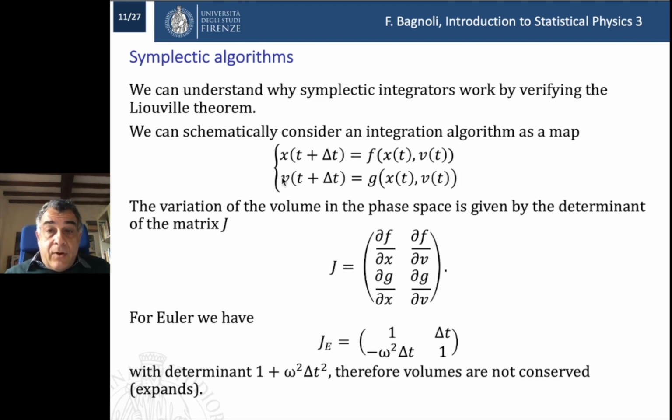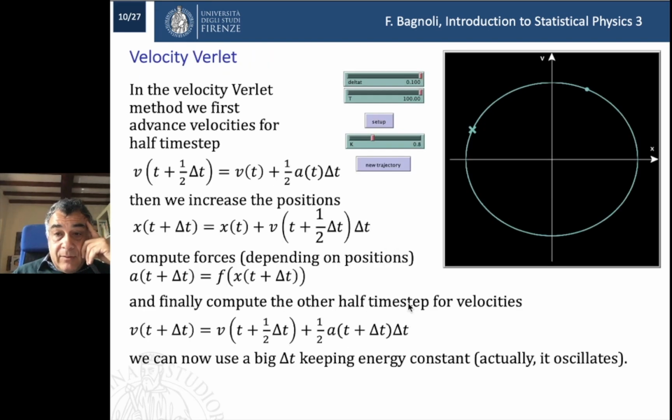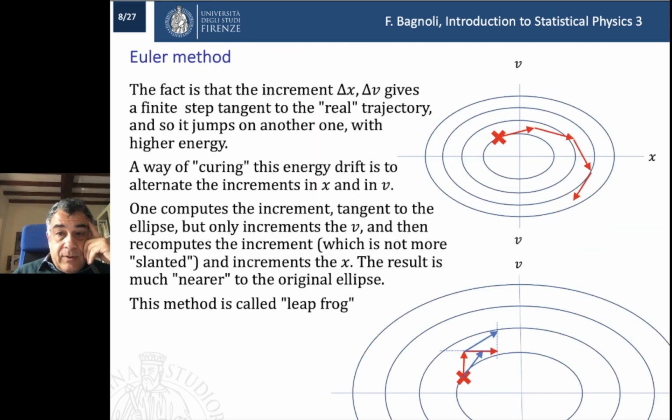Now, the volume of a certain bunch of conditions is given by the determinant of this Jacobian matrix, which is simply composed by the partial derivatives of f and g. So you see that for the Euler scheme, we have this Jacobian.